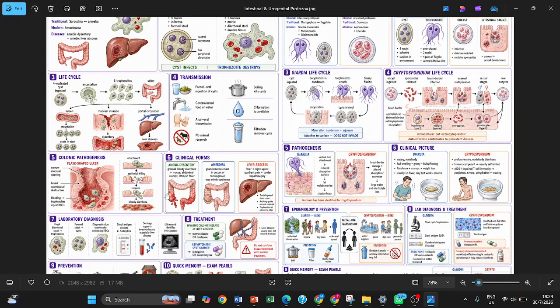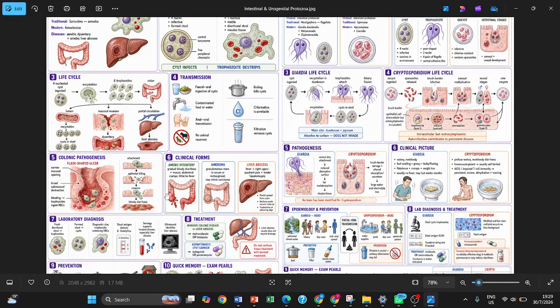For Giardia lamblia, I already said that the trophozoites have a ventral disc, which attaches to the microvilli and leads to irritation and a reduced number of microvilli, thus reducing the absorptive surface of the enteric tract.